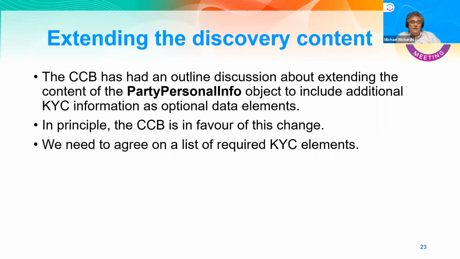And because these are optional data elements, they won't be breaking changes. People who don't use those elements in schemes that are implemented now will be able to carry on as they do now. But the additional functionality will be available if required. And as I say, it can be enforced by individual schemes as part of their rules.